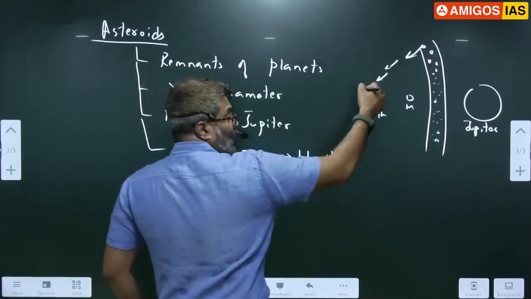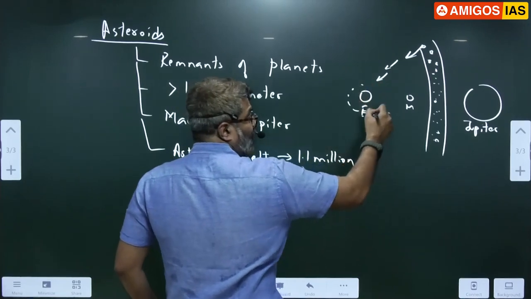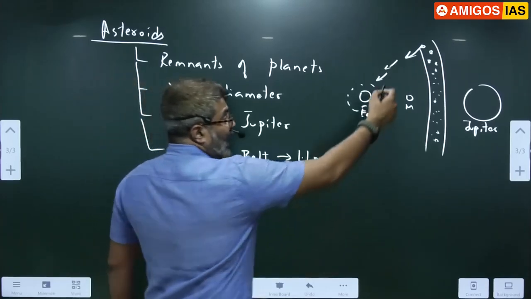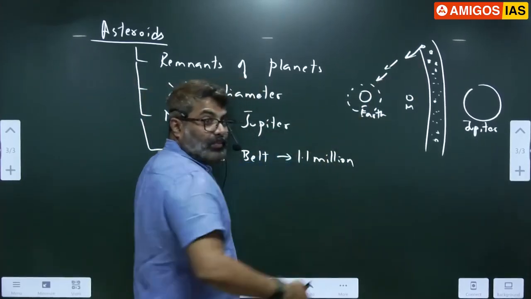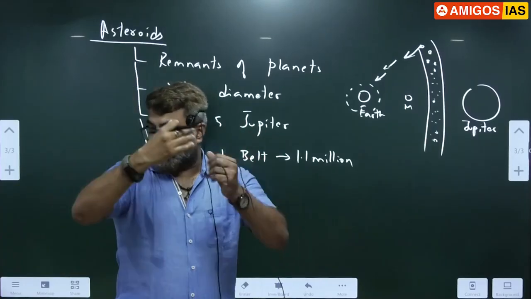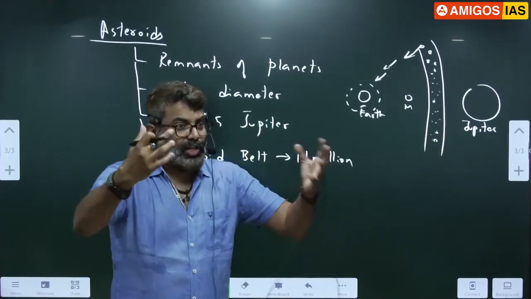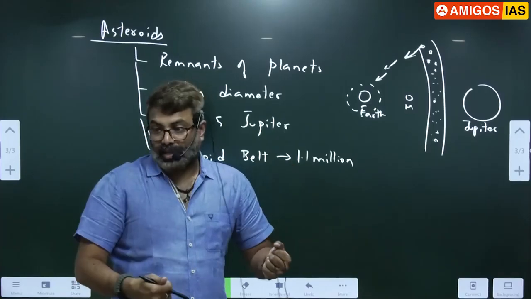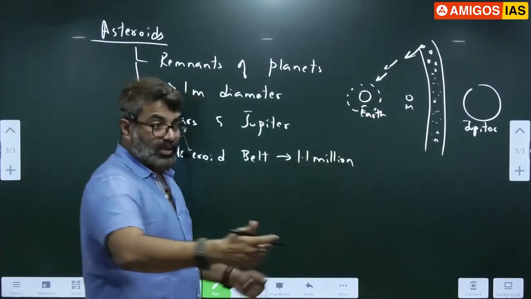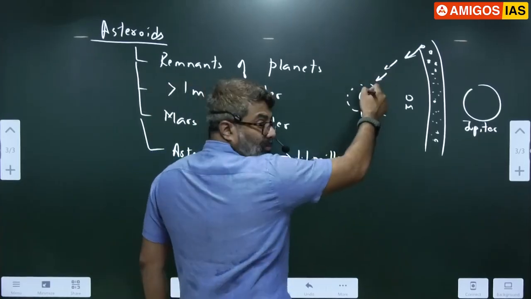So when they come closer, what happens? We have an atmosphere. That is our first line of defense. So the asteroids enter our atmosphere. If they are very small, they'll burn up. In space only they'll burn, because at a high speed they are entering, friction is there, oxygen is there in our atmosphere, so they'll burn. What if there are large, big size asteroids? They end up on Earth.